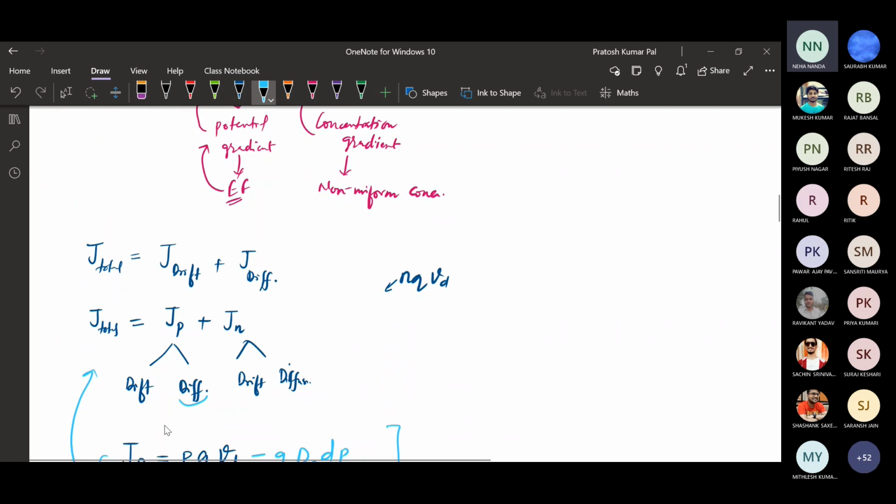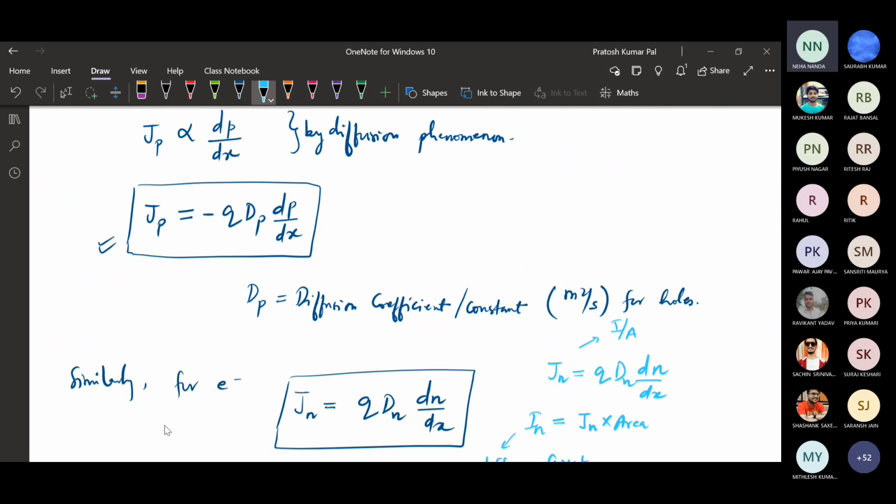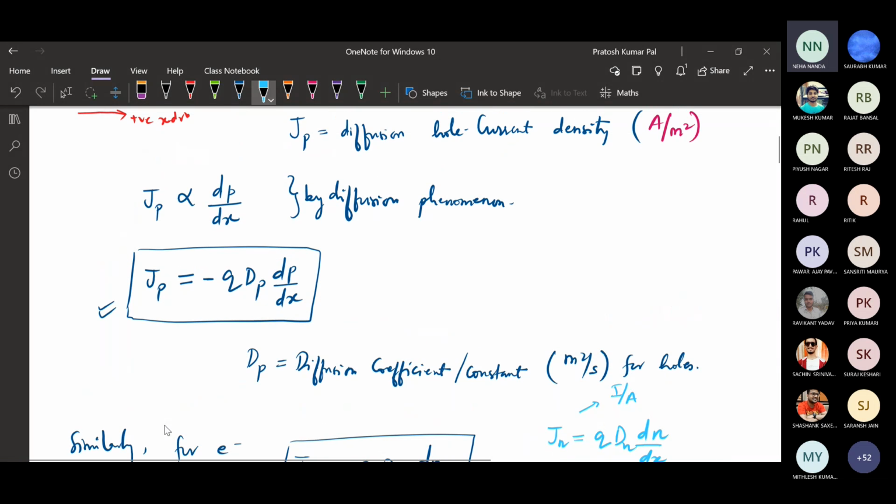And also, the generalized diffusion equation we can just see. The generalized diffusion equation is basically given by J diffusion equals minus q, whatever diffusion coefficient is there, dy by dx.